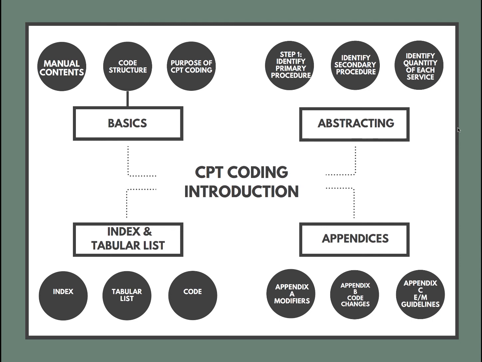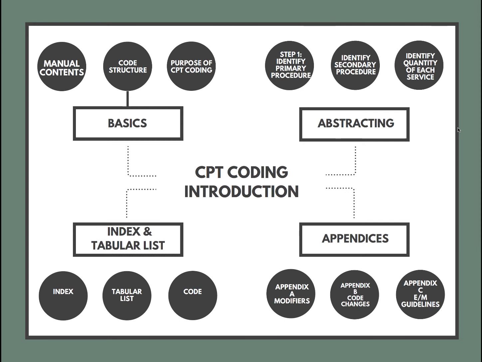There are a whole bunch of examples of modifying terms and modifiers provided throughout the chapters in this CPT section of the textbook, so definitely read those little help boxes that are along the sides of the pages or set into the pages so that you can get some clear examples of the difference between modifying terms and modifiers. Okay, so once you understand those things, then we have 3 basic steps for abstracting information.